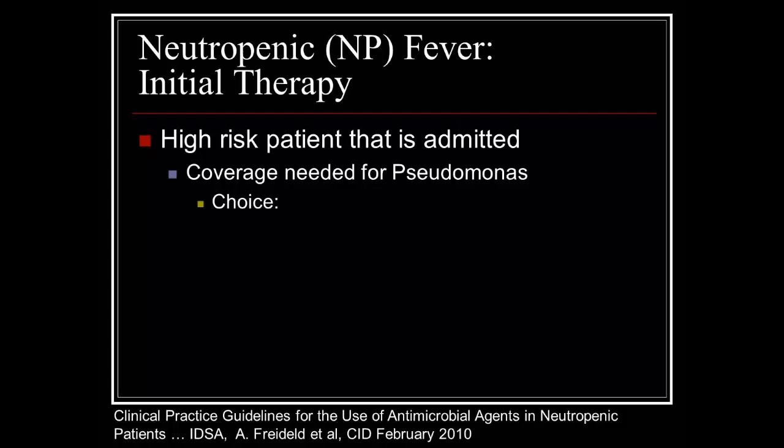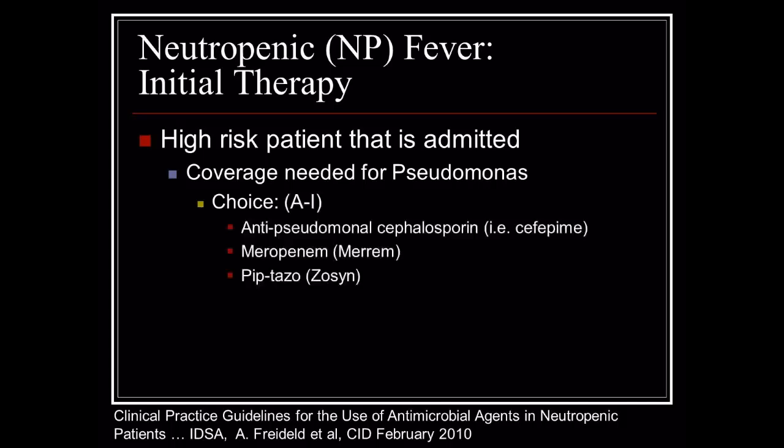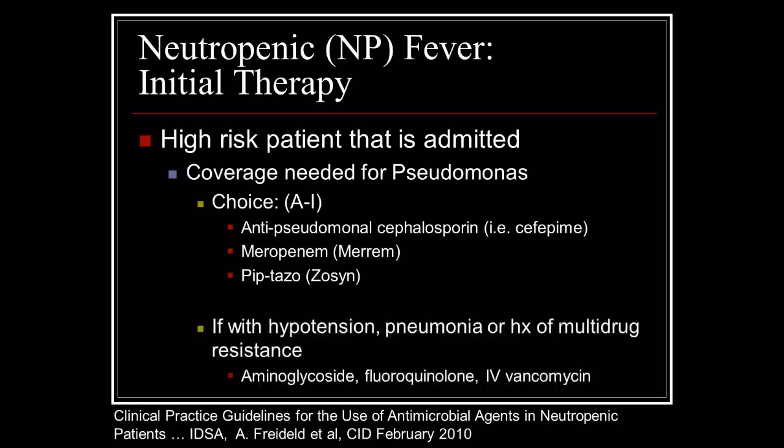If a patient is getting admitted and they're high risk, obviously, hence the reason for admission, you need coverage for Pseudomonas, and you have a choice of different antibiotics. You have anti-Pseudomonal cephalosporins like cefepime, meropenem, and piptazo, also known as Zosyn. If they have hypotension at the time of admission, you have to think of additional coverage, like an aminoglycoside for gram-negative coverage.